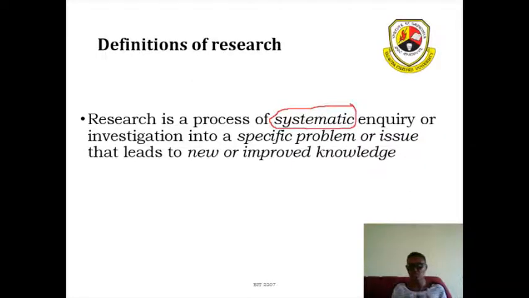Research is systematic, meaning it follows a certain predefined process. And that process must be followed for your research to be valid.